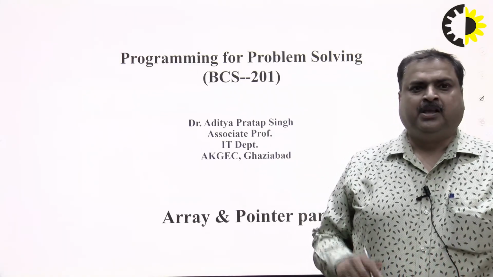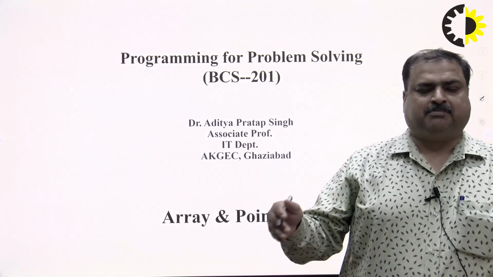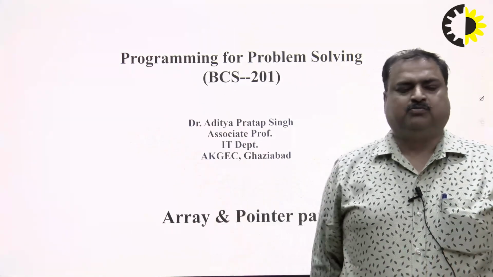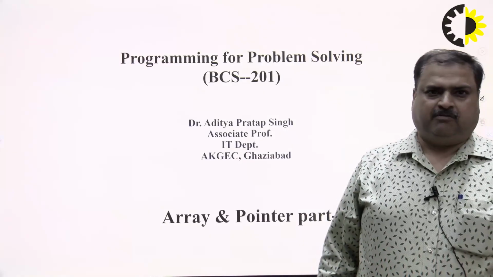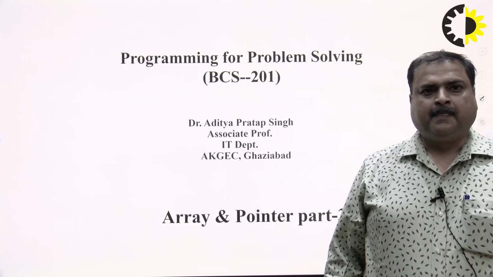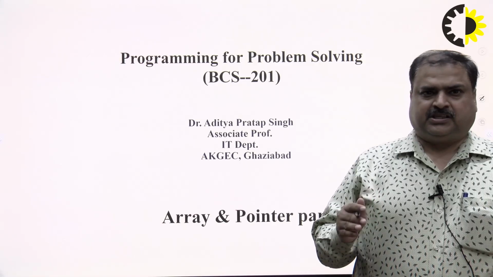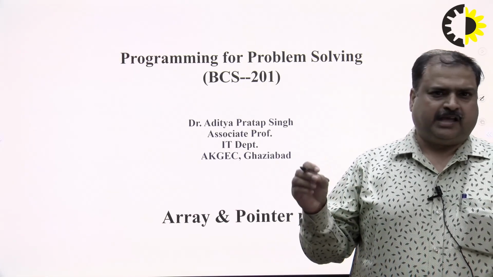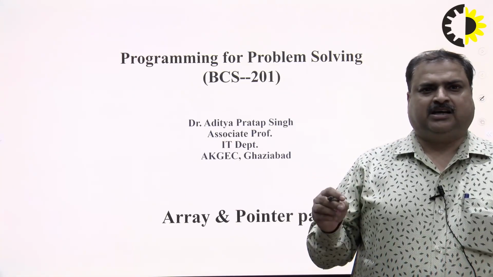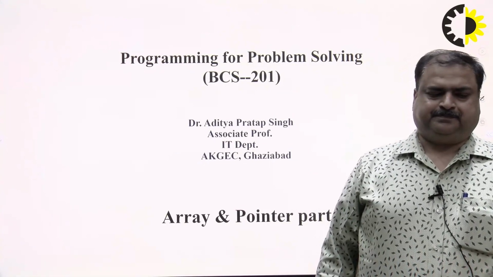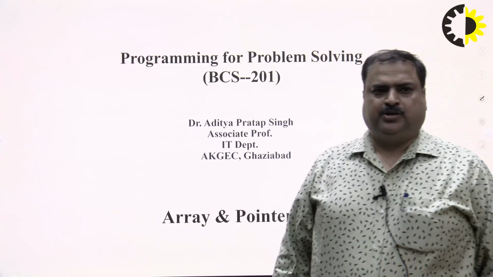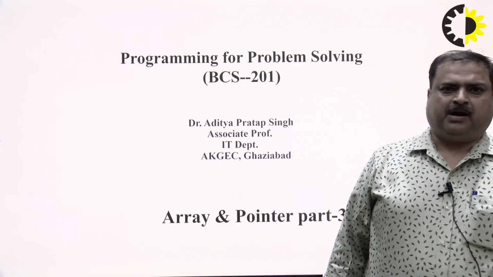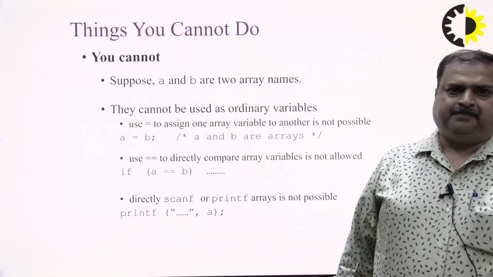What happens if we are giving size and supplying fewer or more values? That we have already covered in part 2. We have discussed a very simple example of finding the minimum value in an array as an example implementation of an array. So today in part 3, let's start.